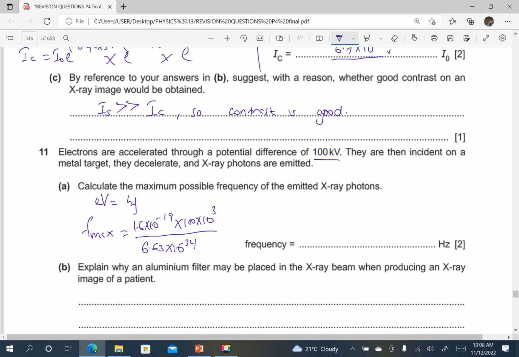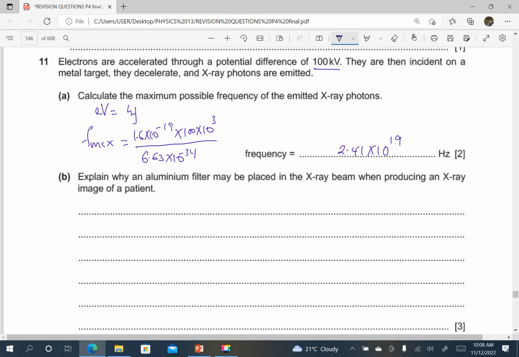From my calculator, I have 2.41 times 10 power 19 hertz.